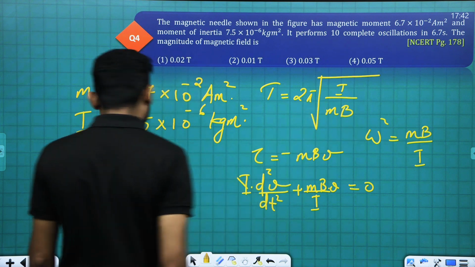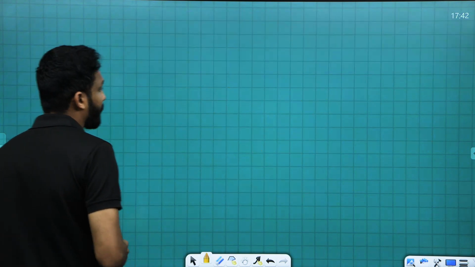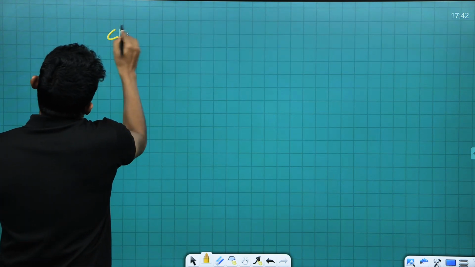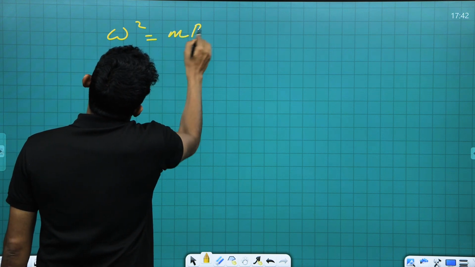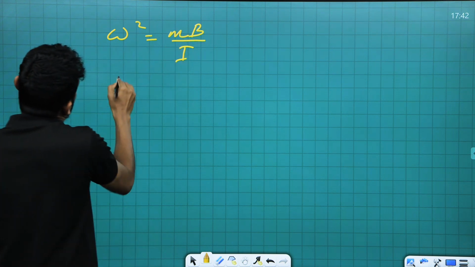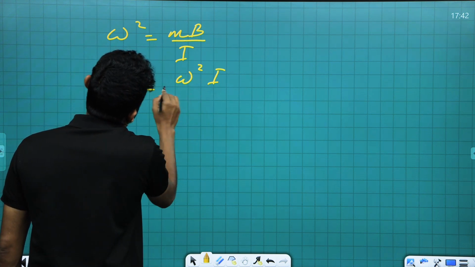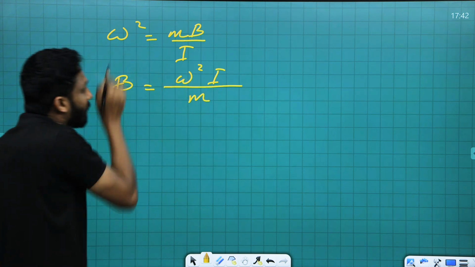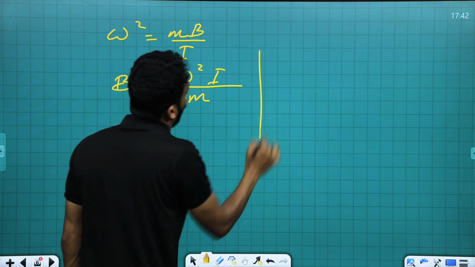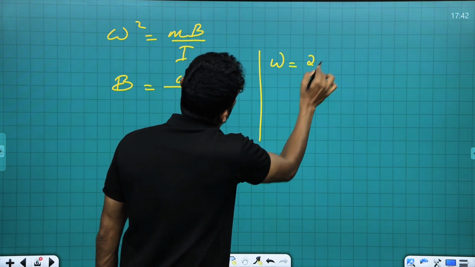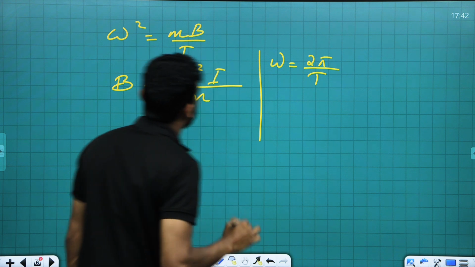Right, omega square is equal to mB divided by I. Clear? Then the field intensity value is equal to omega square into I divided by m. We have omega equal to 2 pi divided by time period.